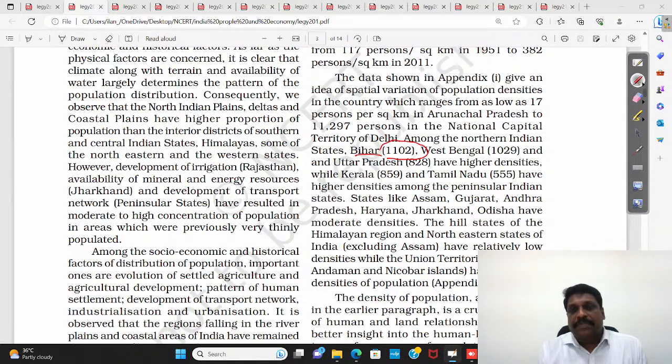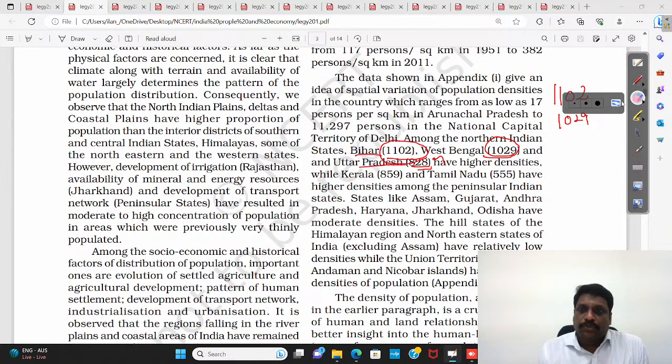Bihar's density of population is around 1102, followed by West Bengal at 1029, followed by Kerala at number 3, and Uttar Pradesh at number 4.